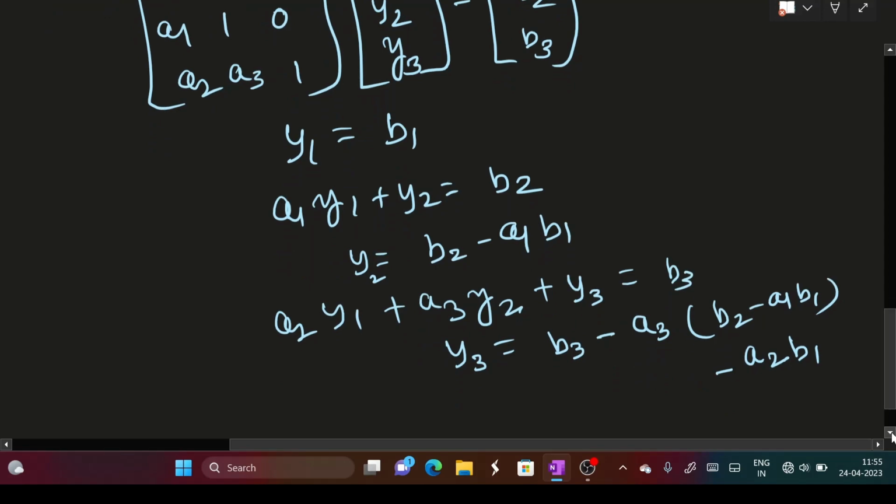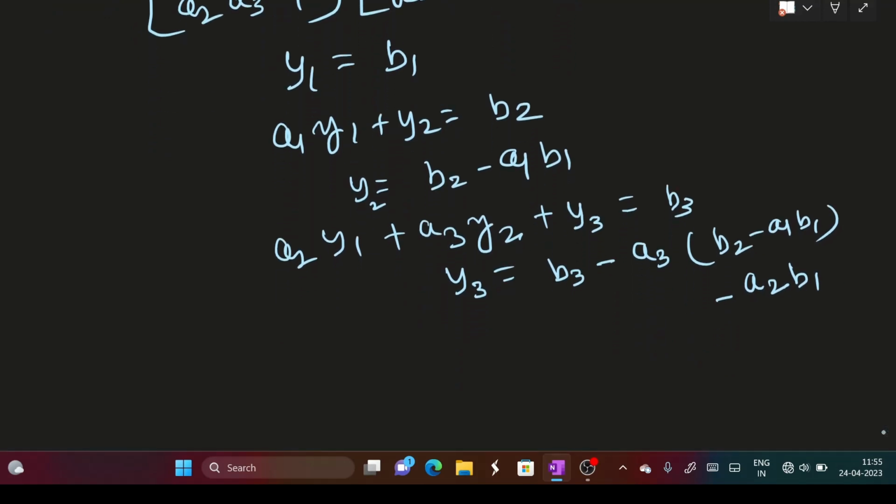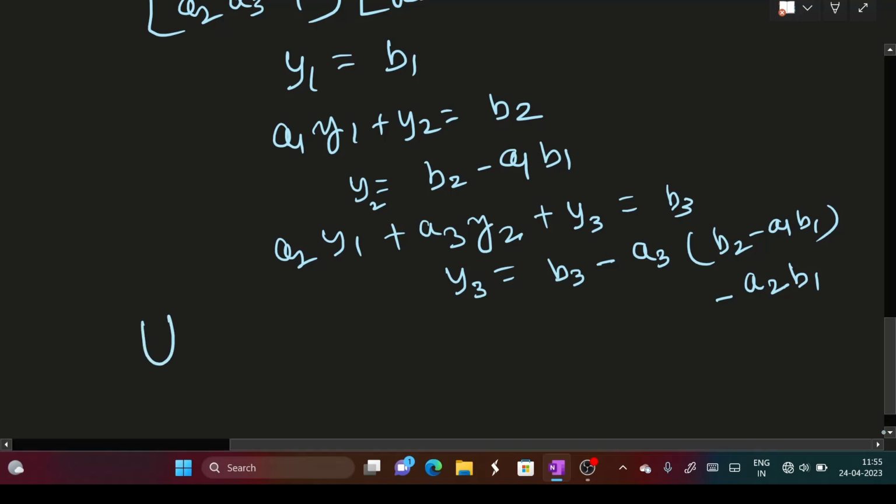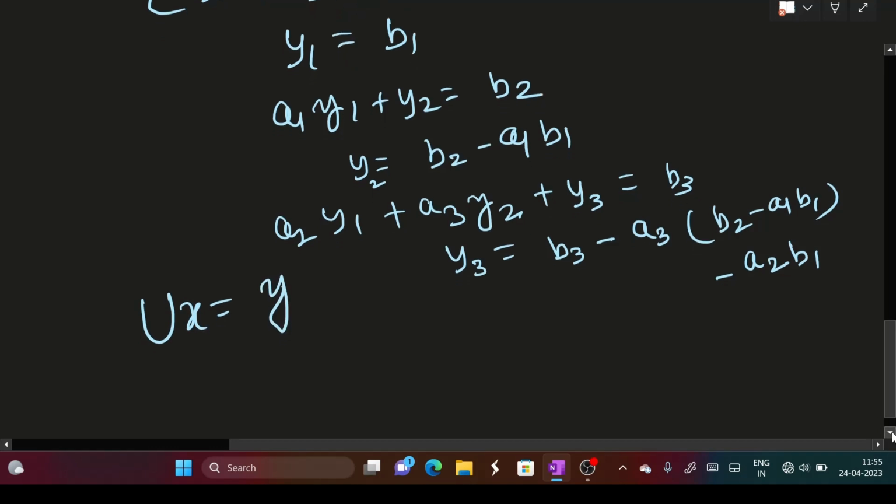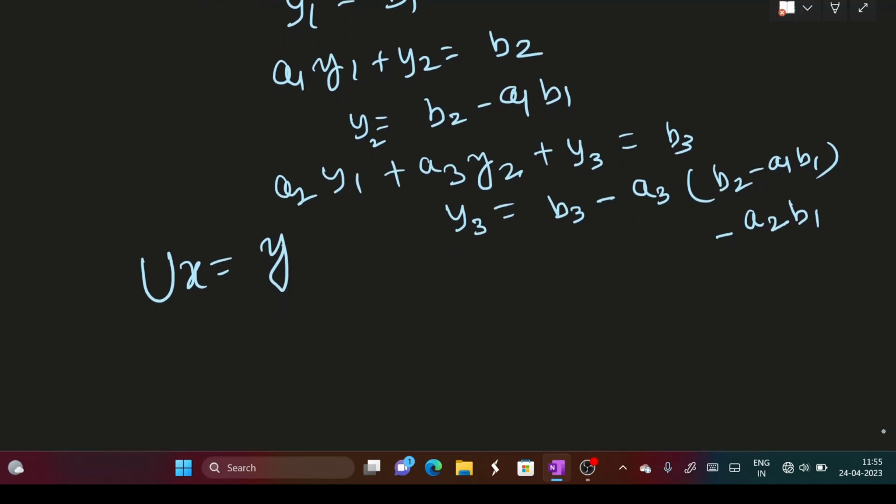So I got my y3. Finally, I got my y1, y2, y3 very comfortably. Now I have y1, y2, y3, so my next equation is UX equal to Y. This I will solve.